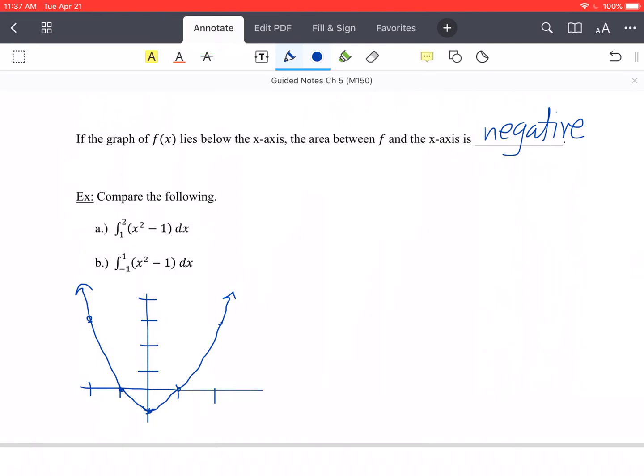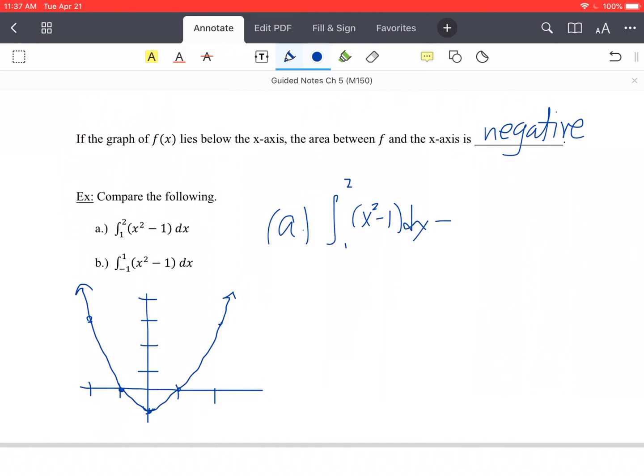And now for the integrals, part A, the integral from 1 to 2 of x squared minus 1 dx.